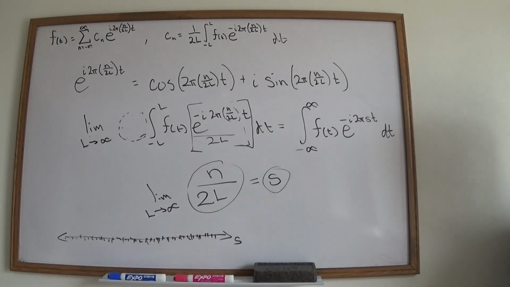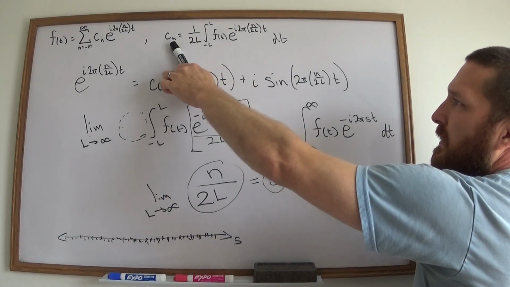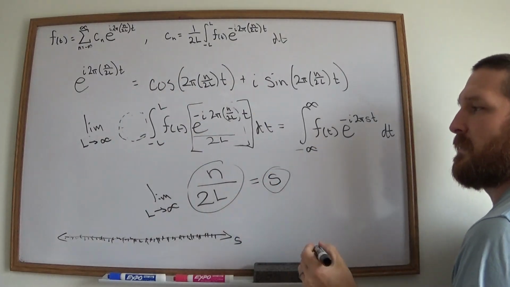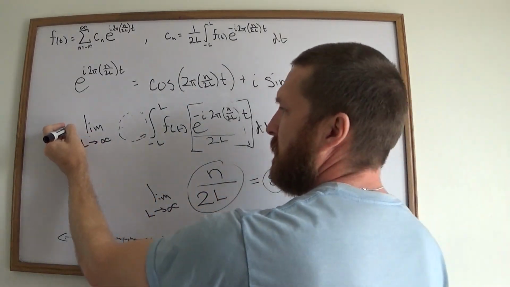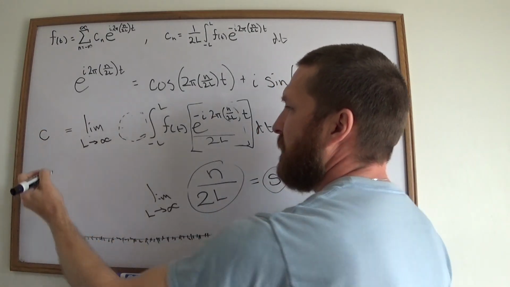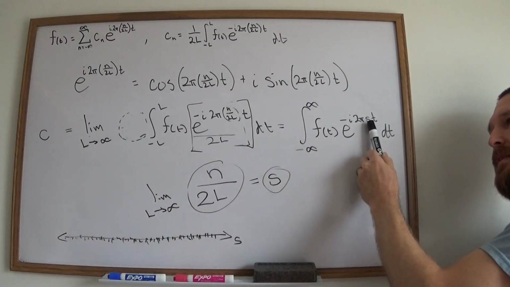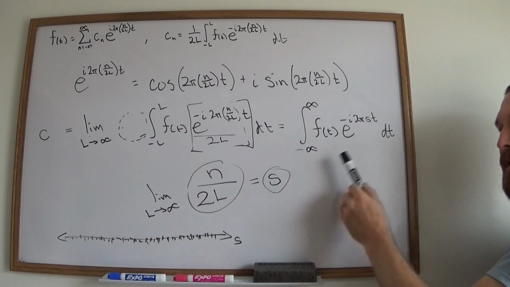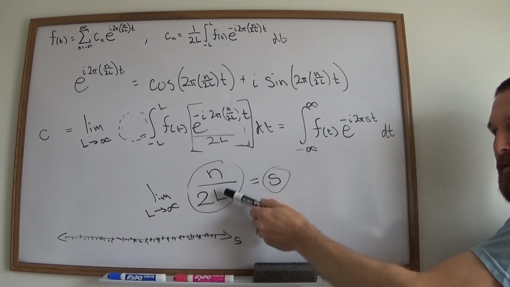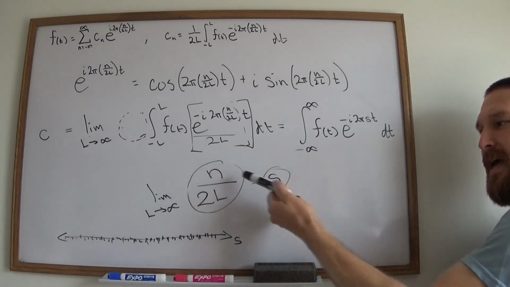And so this right here is what this thing is. This gives you the coefficient given whichever n you chose, and whichever n you chose determines this thing right here. The n that you choose here determines this. So, in other words, the frequency and the n are connected.